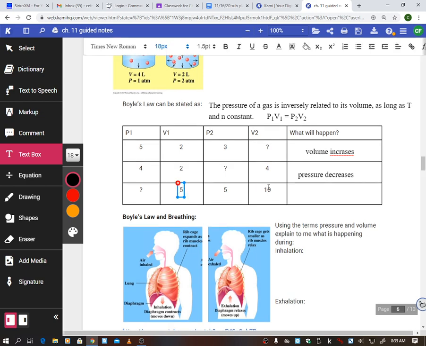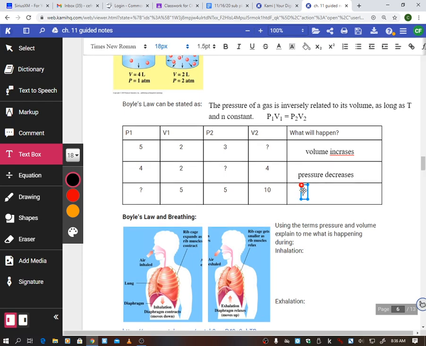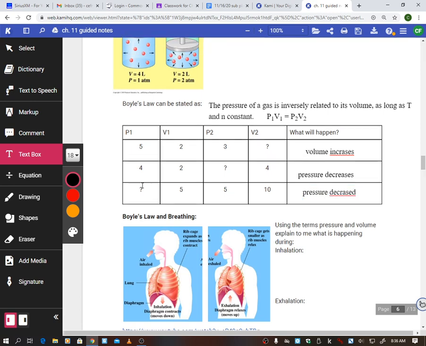So 5 to 10, that increased, which means that my pressure decreased. Which means this number right here is actually going to be more than 5. If I had 10 here, 10 to 5, that decreased.